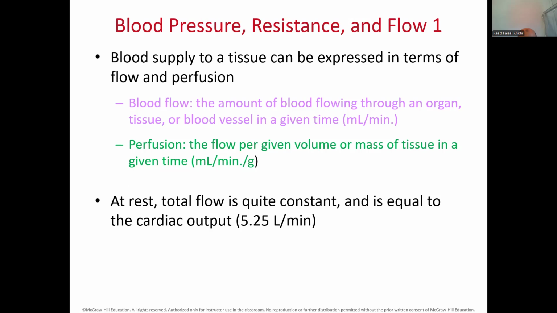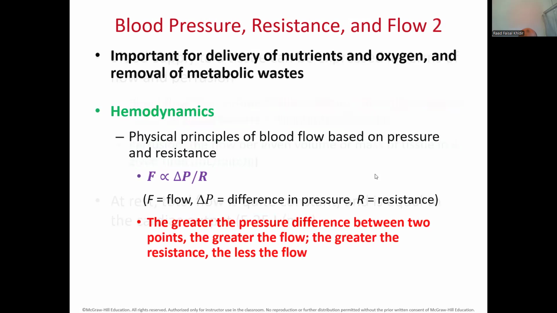Perfusion is the flow per given volume or mass of a tissue in a given time. So at rest, the total flow is quite constant and is equal to the cardiac output. So important for the delivery of the nutrients and oxygen and removal of the metabolic waste.